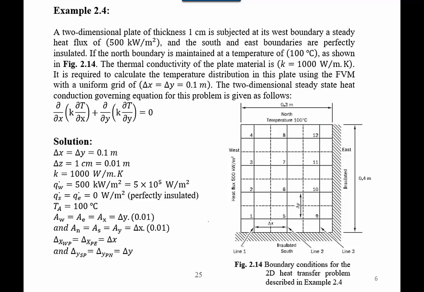As we see here, we have the vertical line which passes through the control volumes. About the numbering of the control volumes, we can number as shown here: control volume number 1, 2, 3, 4 in this vertical direction.